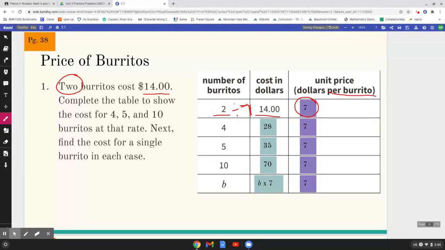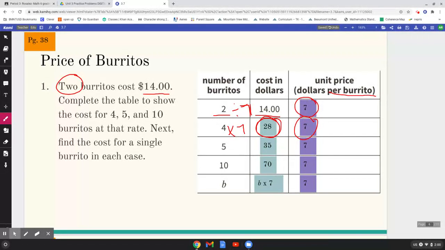Then you're thinking, how did they go from 4? No, they didn't give you 28. I'm sorry. This time we're doing 4 times 7, and that gives us the 28, so you're filling in your chart with 28. In the first one, they gave you the dollars, so we divided. But in the second one, we're looking for the dollars, so we need to multiply by this 7, or this per burrito.